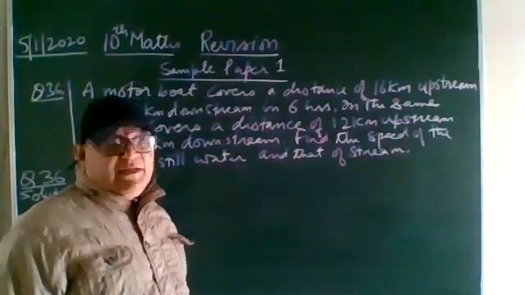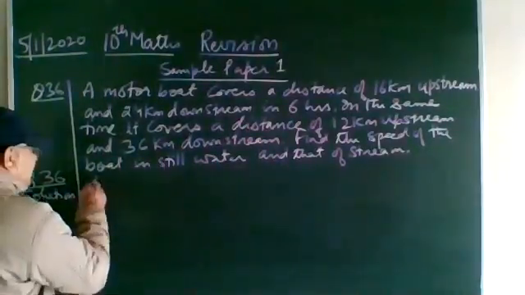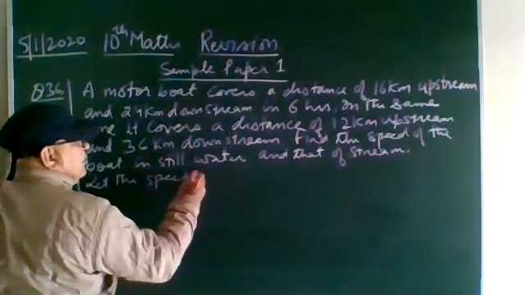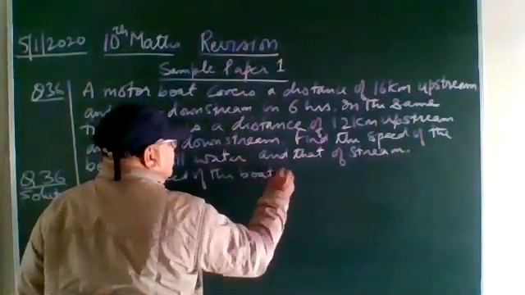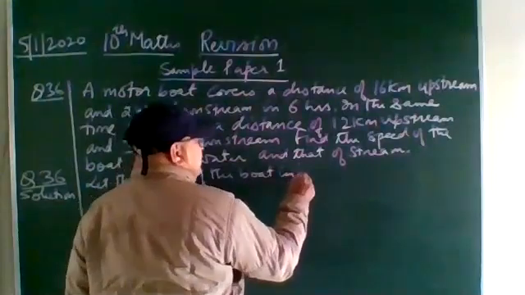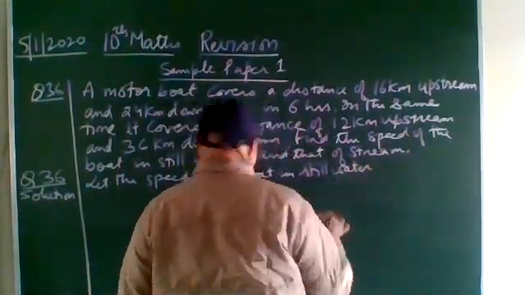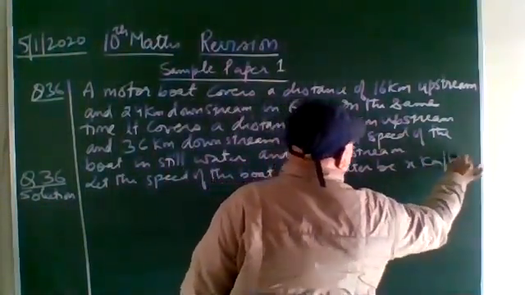Two things you have to find out. So what you will be doing? You will write like this: let the speed of the boat in still water be x kilometer per hour.